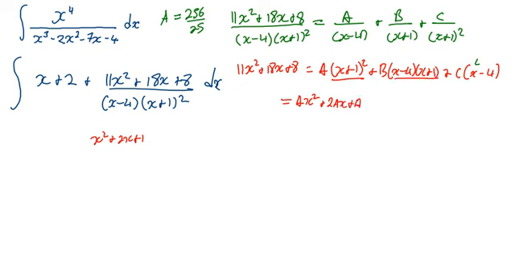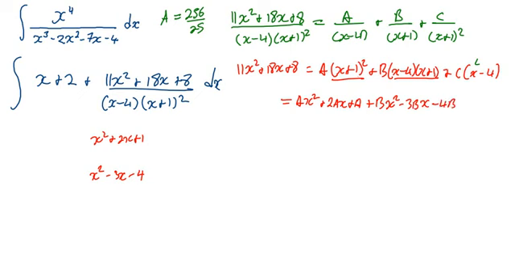Then we're going to have x^2 - 3x - 4, so multiplying that out with b outside, you're going to have plus bx^2 - 3bx - 4b.